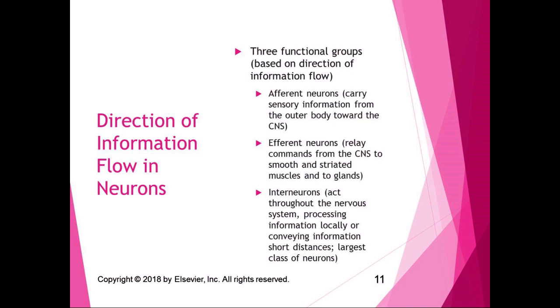Interneurons process information locally, or they convey information short distances like spinal reflexes. Interneurons act throughout the nervous system, and they're the largest class of neurons. Most of the neurons in our cerebral cortex are interneurons, and we have a lot in the spine as well, because those are areas where information is being passed between a lot of neurons and being processed.